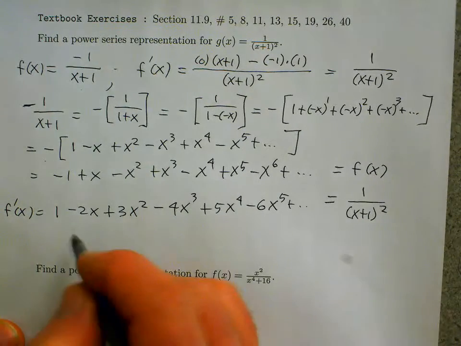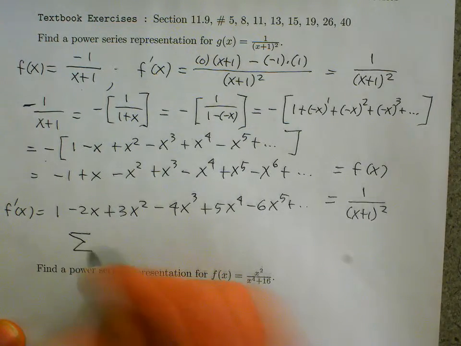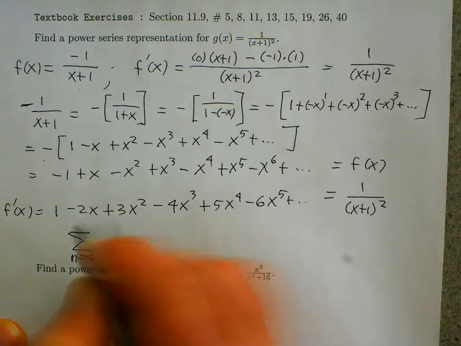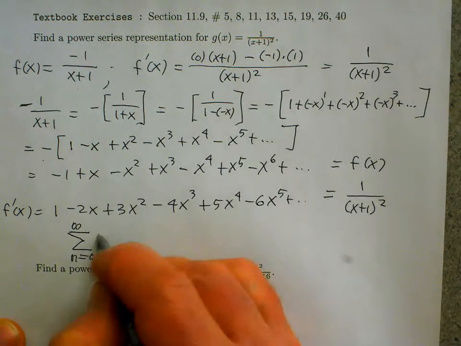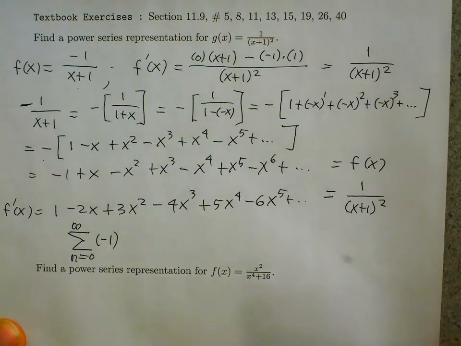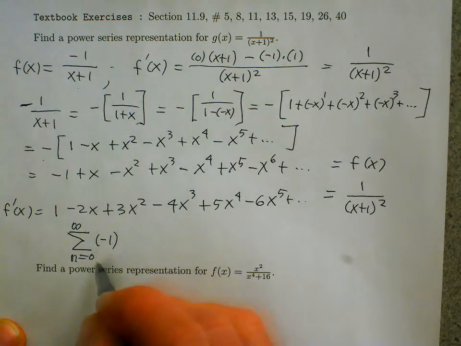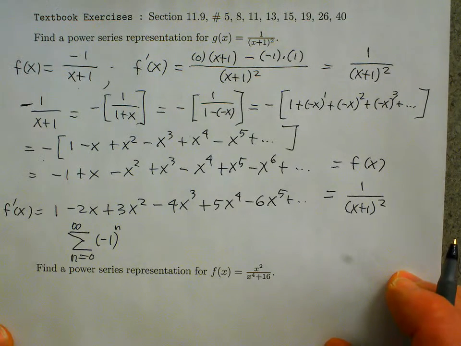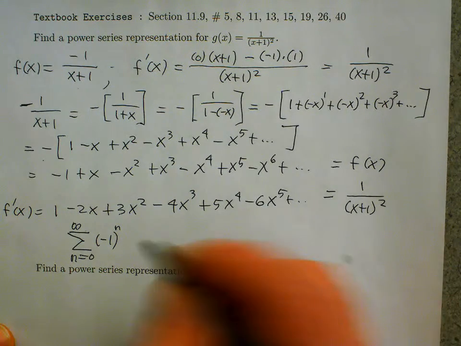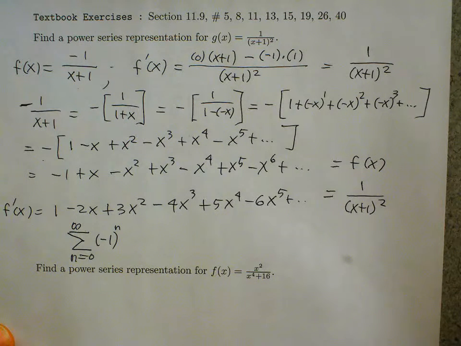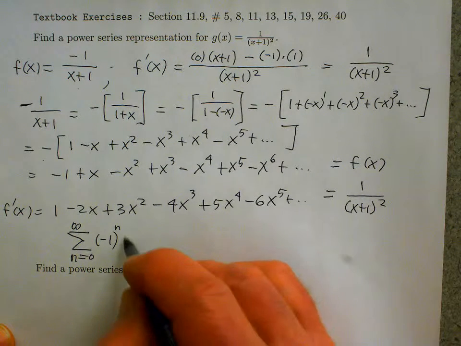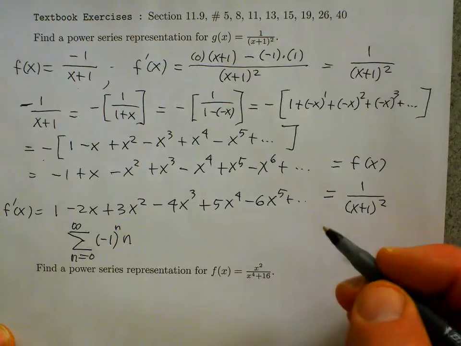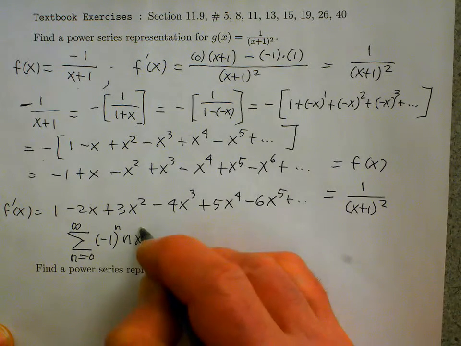So in the sigma notation, well, we have an alternating series. So let's start out. I'll try n equals 0, negative 1 to the n. And what are the terms? They look like n times x to the n minus 1.